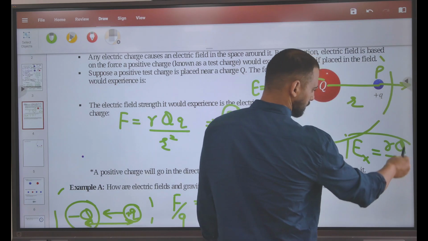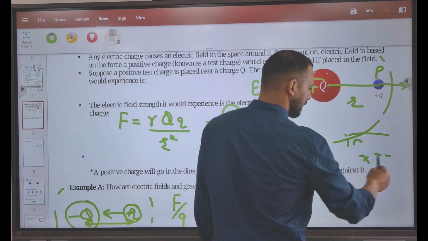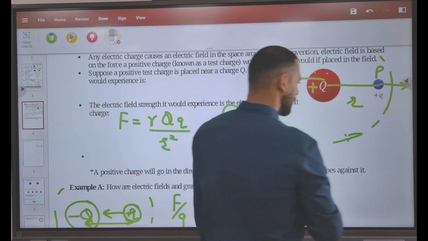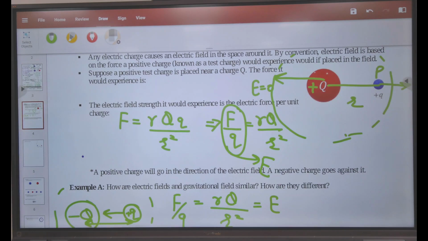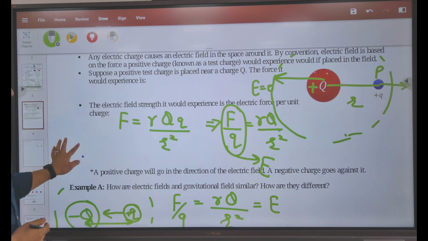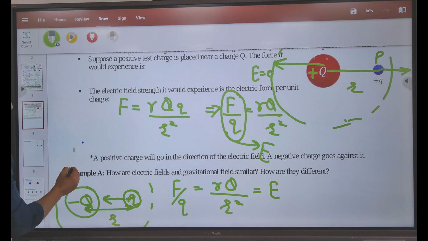Is it fine? See, this point is very important. Very important.